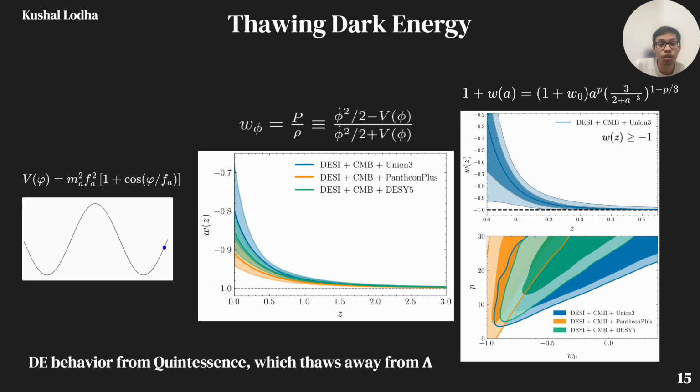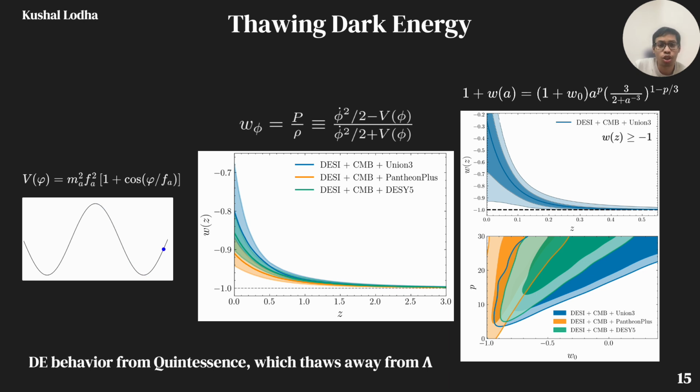As you can notice, for the canonical scalar field, the equation of state is bound between -1 and 1. Here we consider a subclass of quintessence models where the scalar field is initially frozen due to Hubble friction, meaning your equation of state is -1. But as the universe expands, the field thaws away from the constant, giving dynamical dark energy.